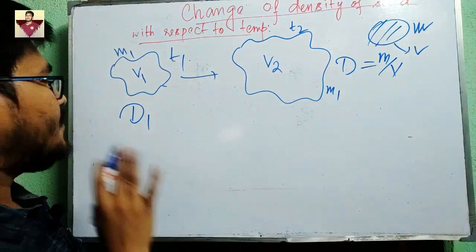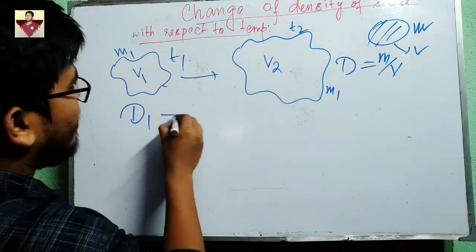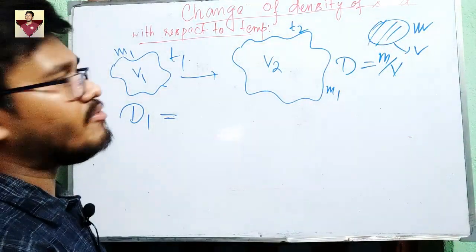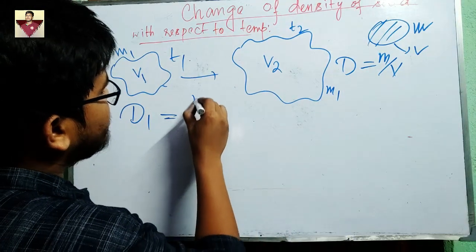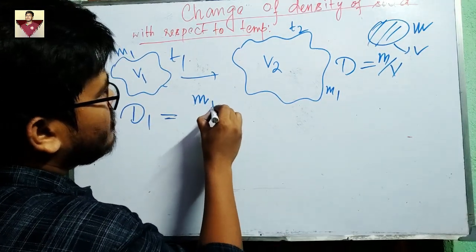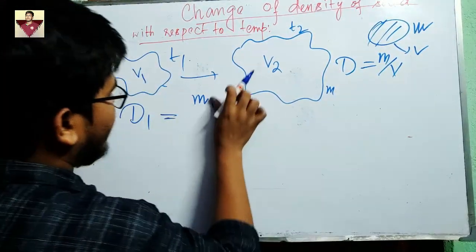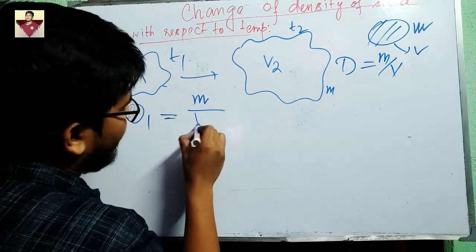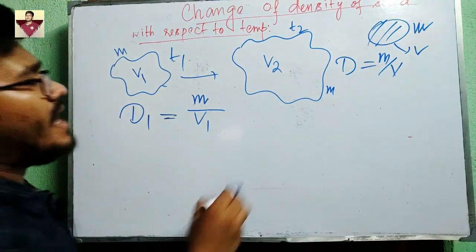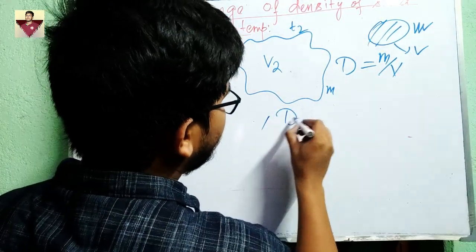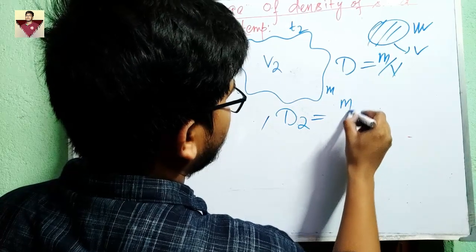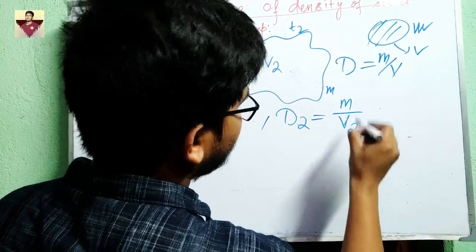Let's define your initial density, I am denoting it as d1. d1 is defined as mass divided by volume. Let's take m1 as m only, because m is constant. So d1 is m divided by V1, and similarly you can write d2 as m divided by V2.